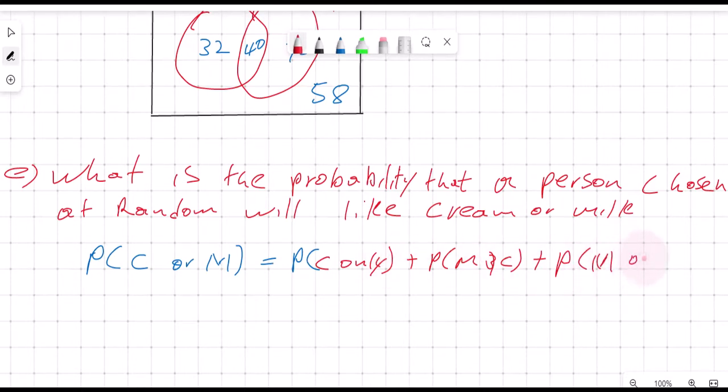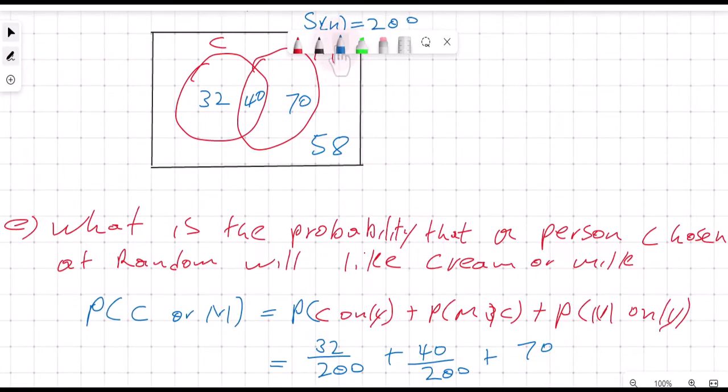Then this is equal to what? Probability of cream only, it's 32 over the total, 32 over 200. You see that? Plus probability of milk and cream, it's 40 over the total. Plus probability of milk only is 70 over 200.